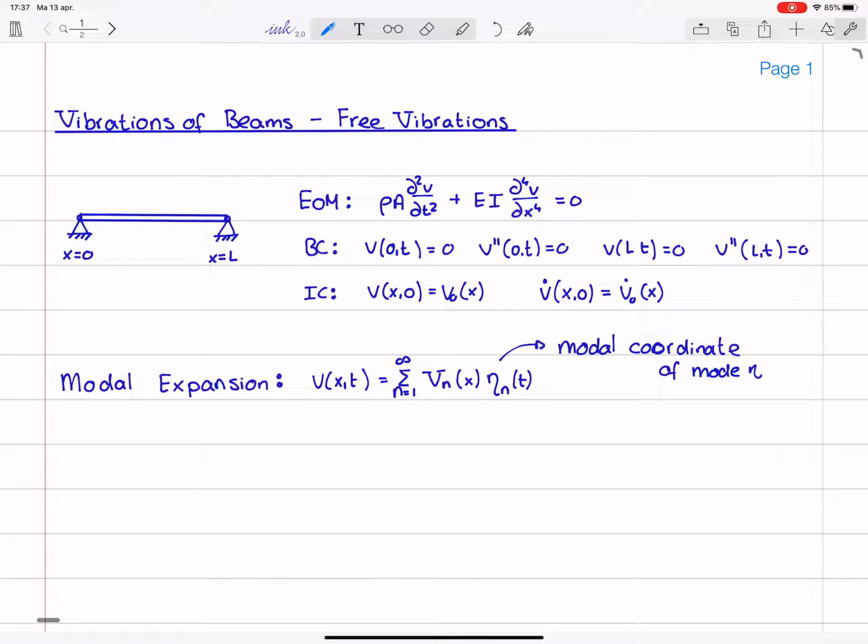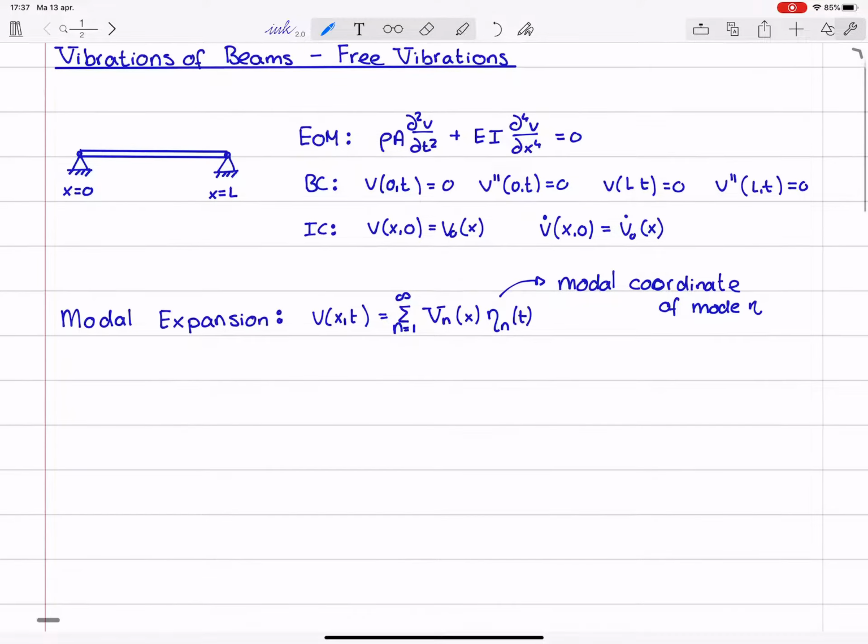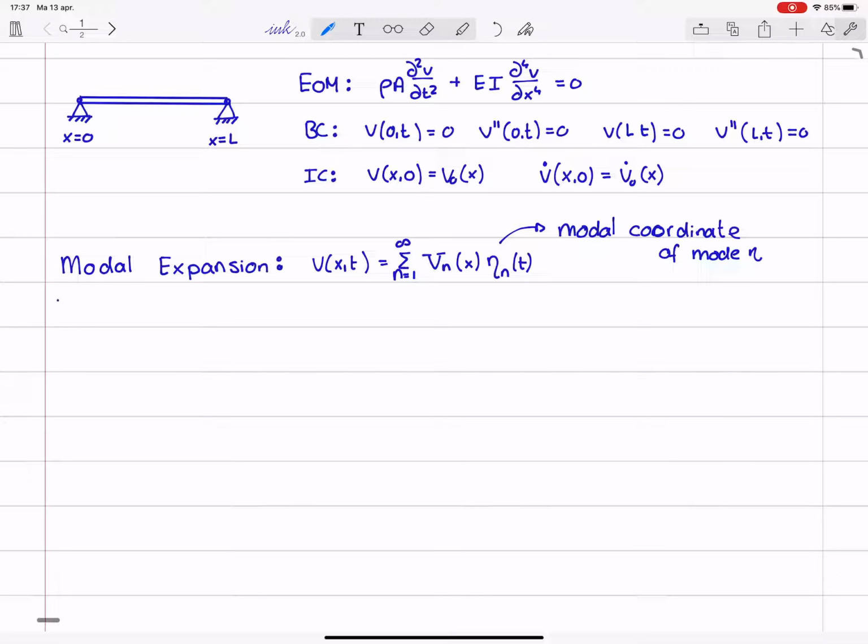What we are going to do is rewrite this to the modal equations by substitution into the equation of motion. Let me at this stage use i as an index, so the sum over i of 1 to infinity of rho A times Vi times eta i double dot, plus the infinite sum of EI times the 4th derivative of Vi, times eta i itself, is equal to 0.